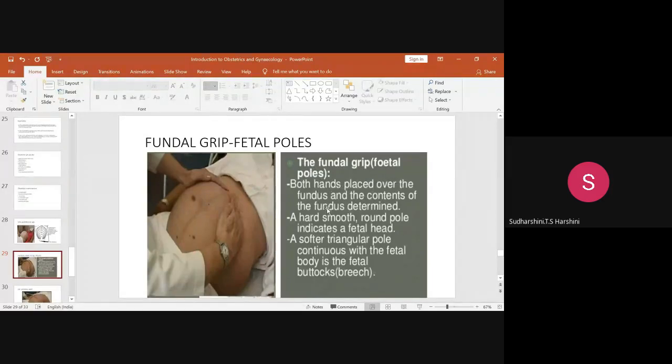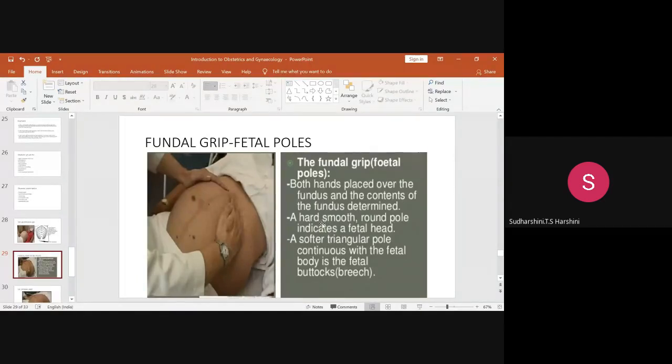Both hands are placed over the fundus, and the content of the fundus is determined. A hard, smooth, round pole indicates the fetal head in the fundus. So if the fetal head is in the fundus, then it's going to be a breech presentation? A soft pole continuous with the fetal body is the fetal buttock. If what you feel in the fundus is a soft, broad mass, it's going to be the breech.